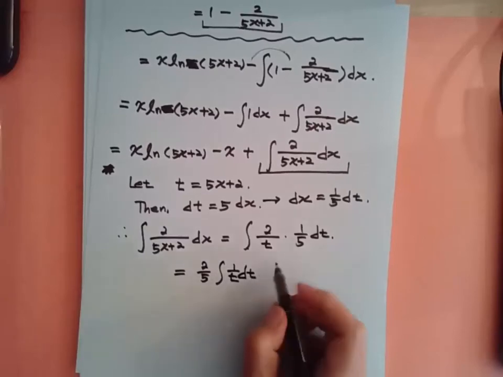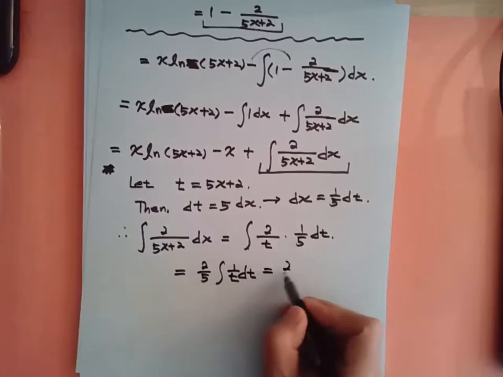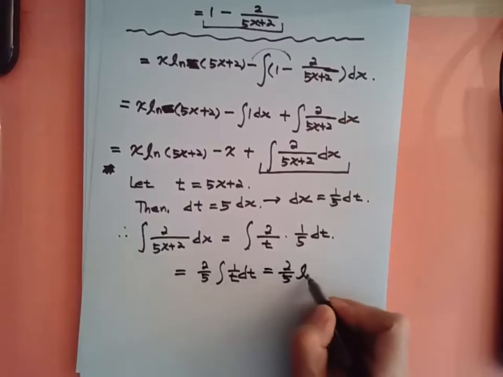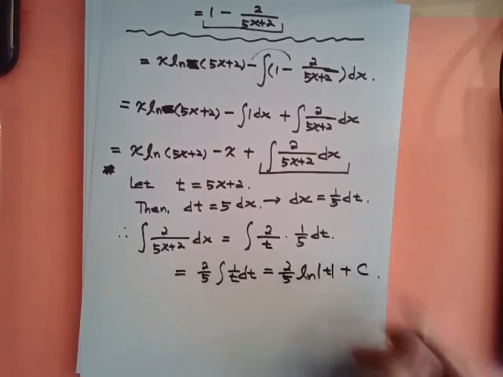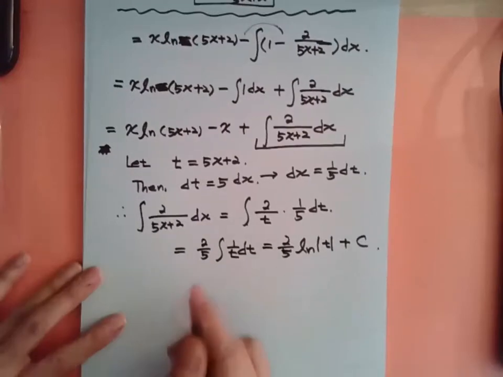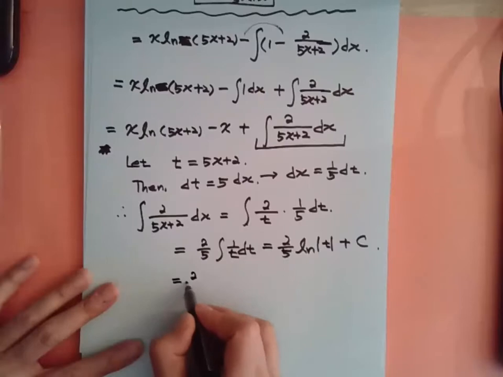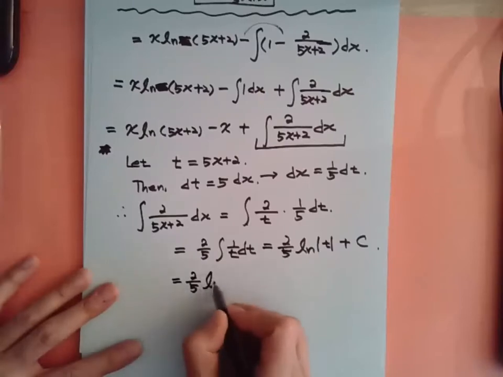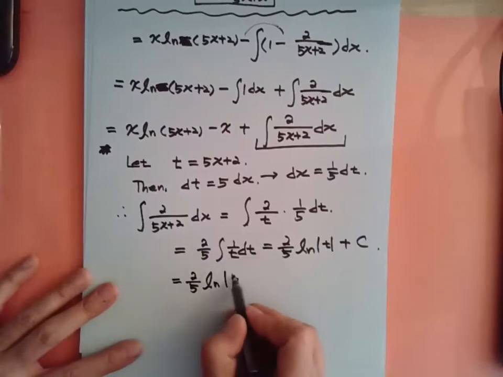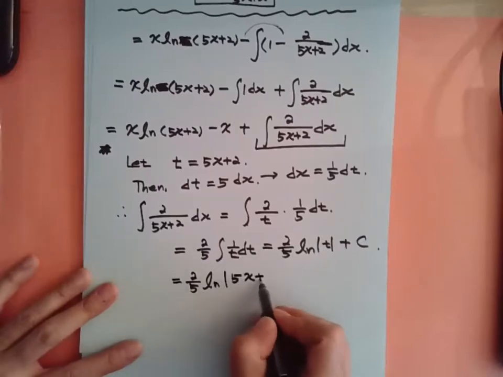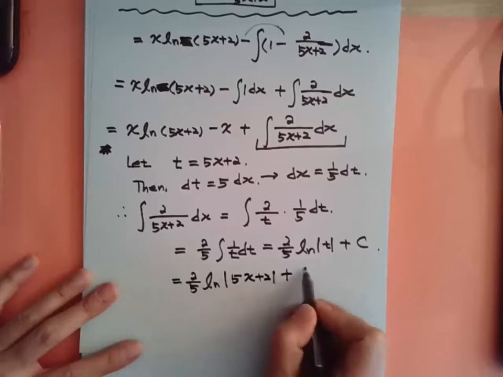So what is that? That is 2 over 5 natural log of the absolute value of t plus c. And then we can say that that is 2 over 5 natural log of, t was what? t was the absolute value of 5x plus 2, plus c.